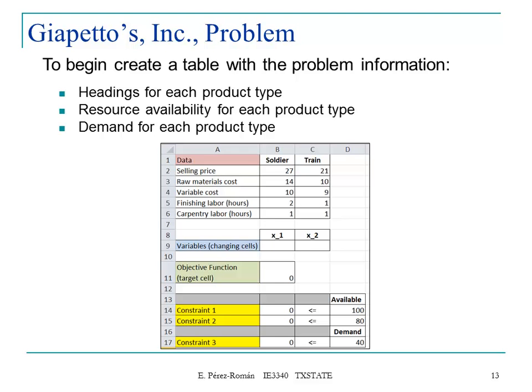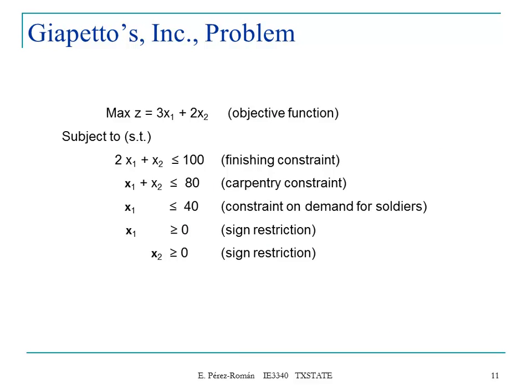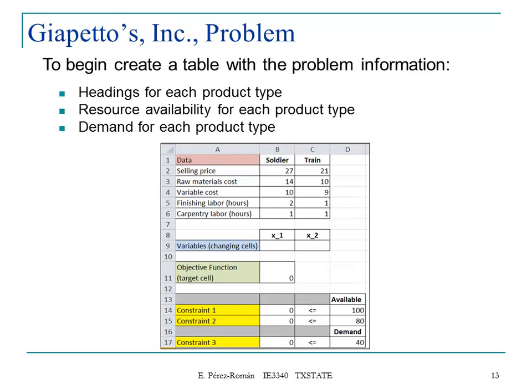Okay, so the only part that you're going to be editing from this table is your objective function. So you need to insert a formula for your objective function. In your formula, you already know that formula is 3x1 plus 2x2. So we're going to code that in this cell, and we're going to code the constraint left-hand side.